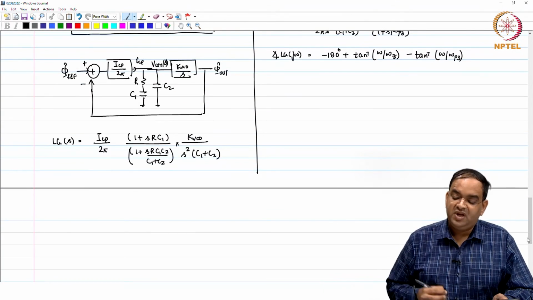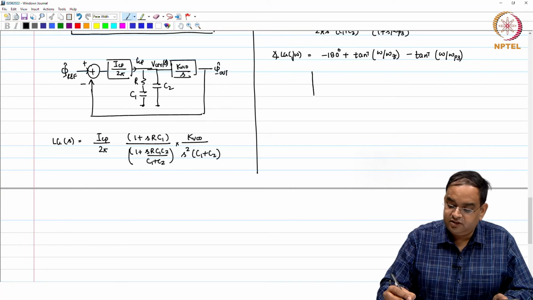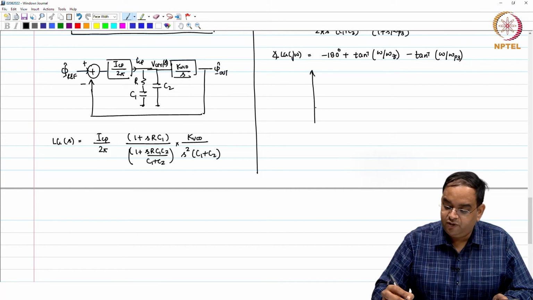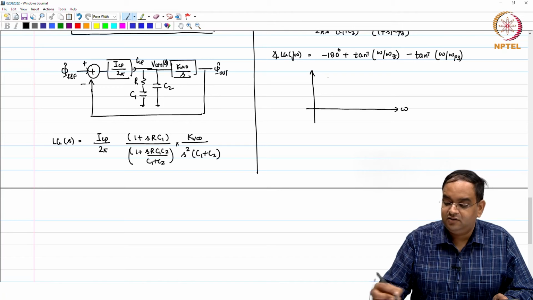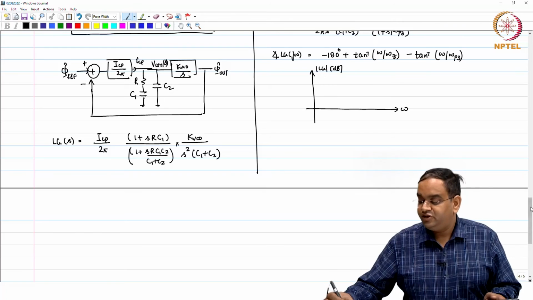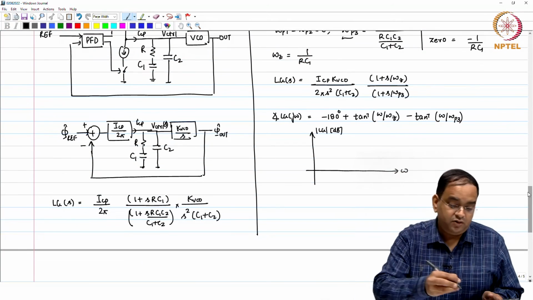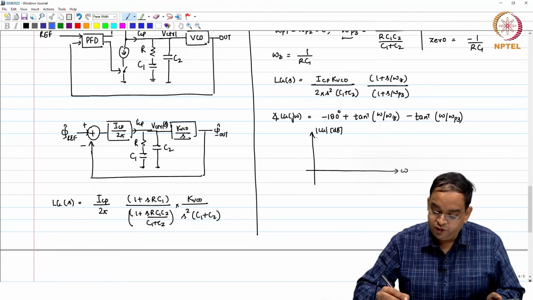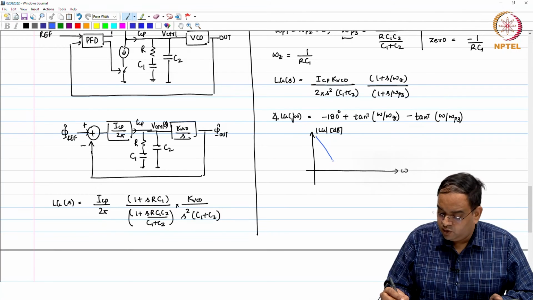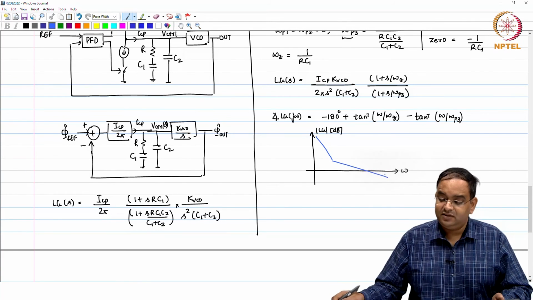Okay. So, let us look whether our system is stable or not. First, I am going to plot the loop gain with respect to omega. So, this is magnitude of loop gain in dB, right. What you see is that you are having two poles at 0. So, you will have minus 40 dB per decade, then you have a 0. So, it will be like this.